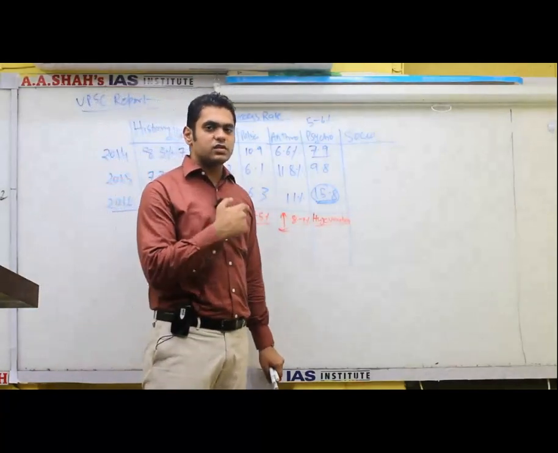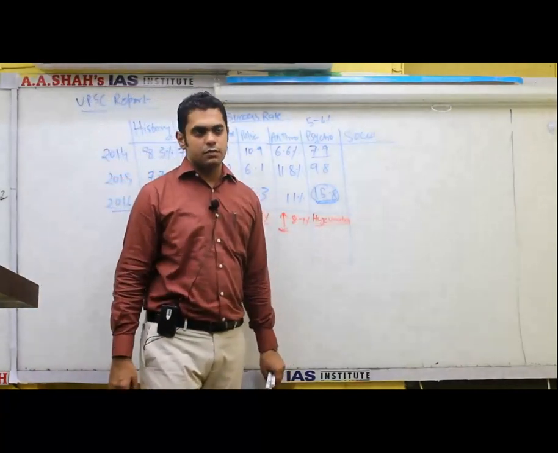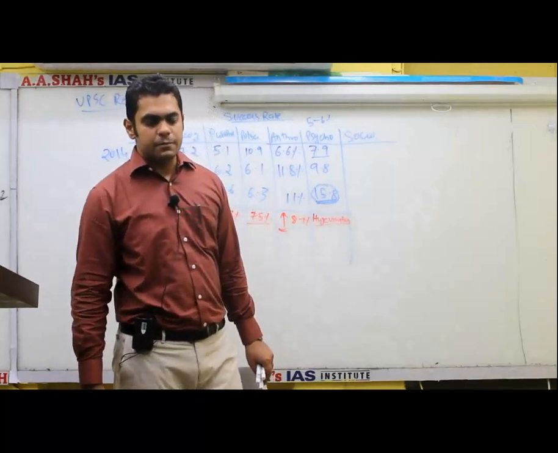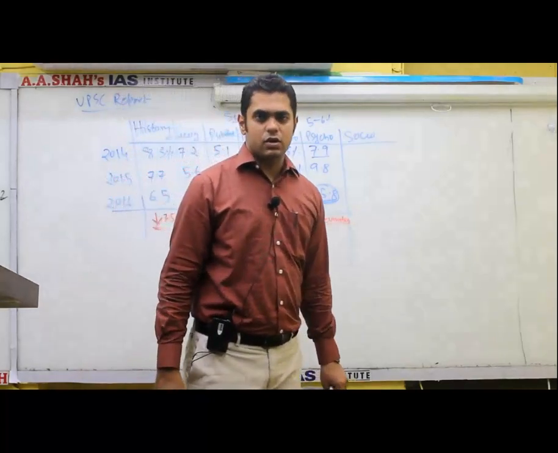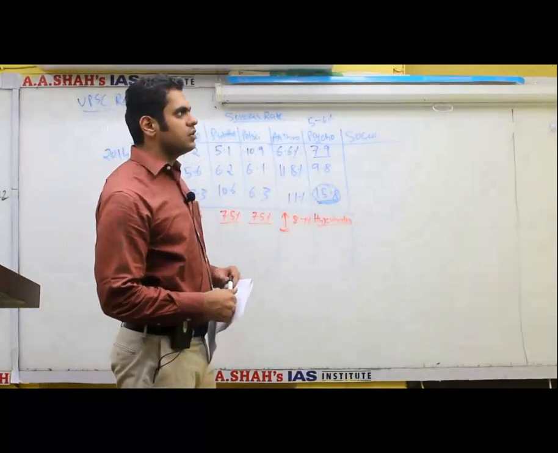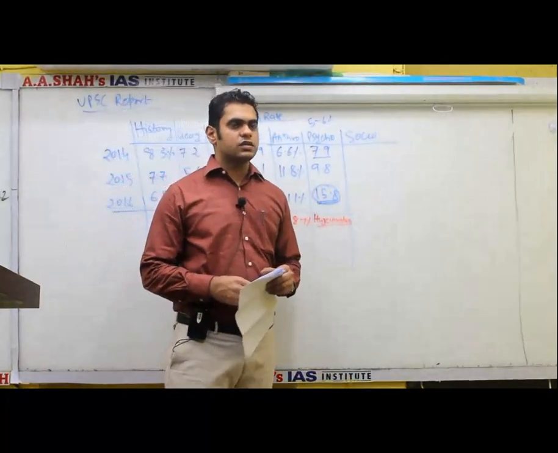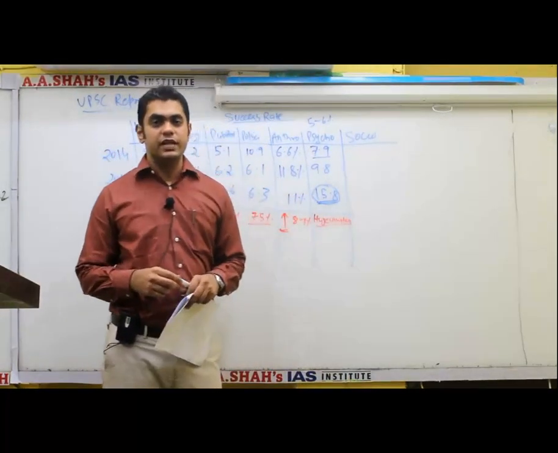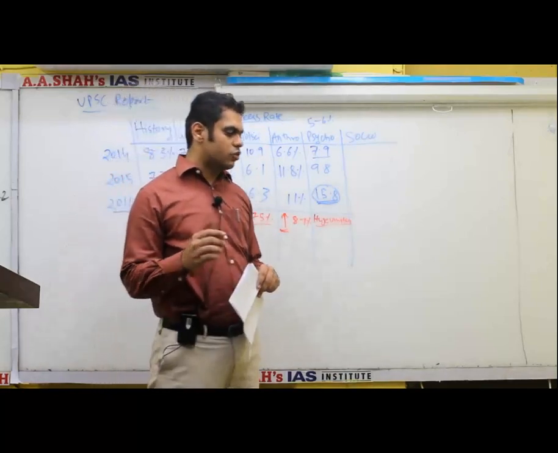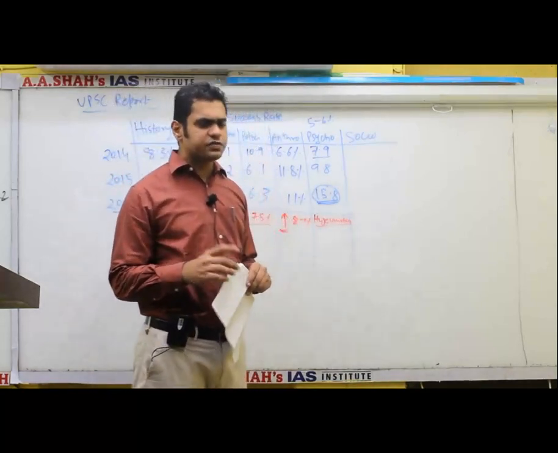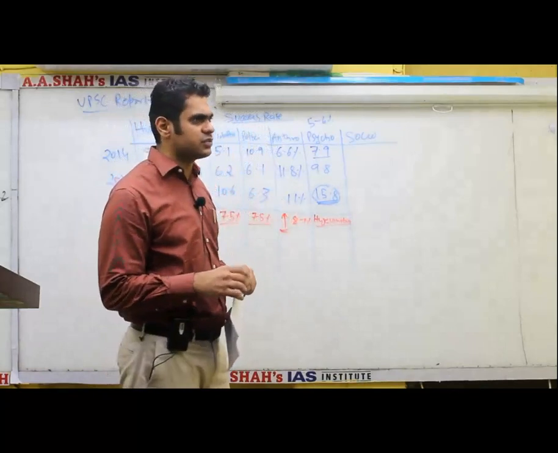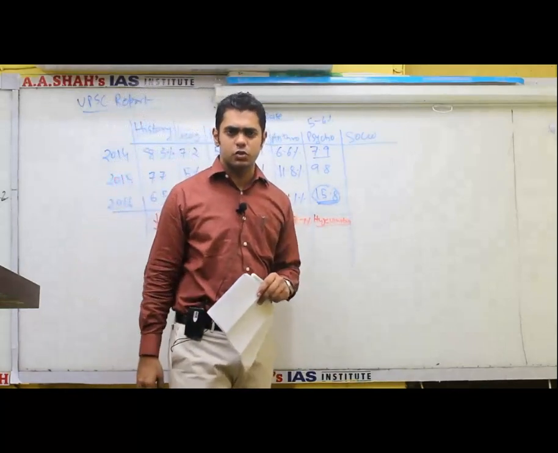But then the risk of taking anthropology increases, because UPSC has a knack. So the problem with anthropology is that it is at a risk of being scaled, because UPSC, as I told you, has a knack of scaling particular optional subjects which become very popular amongst the students.